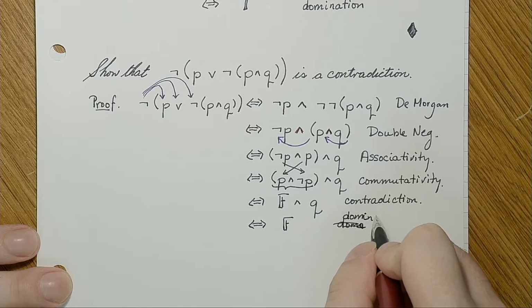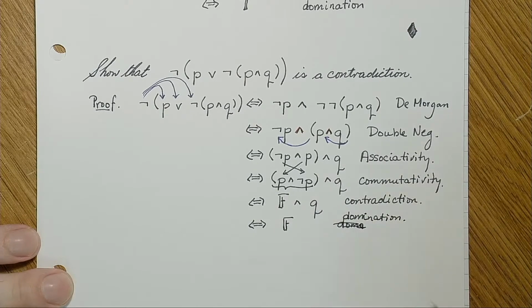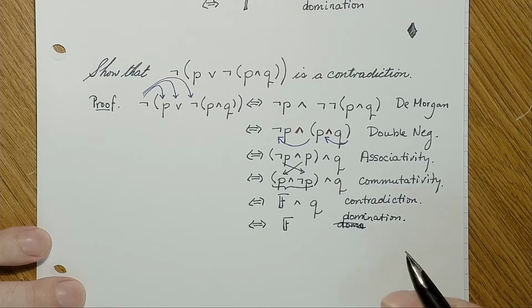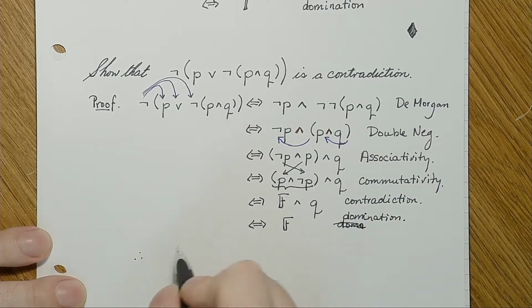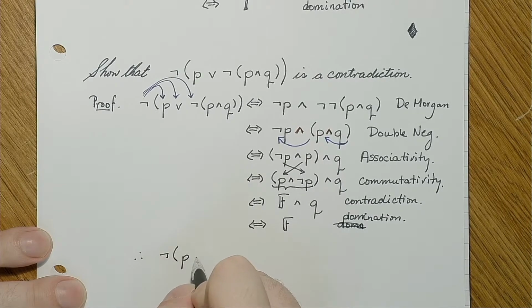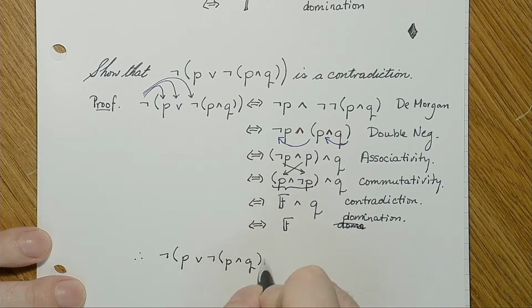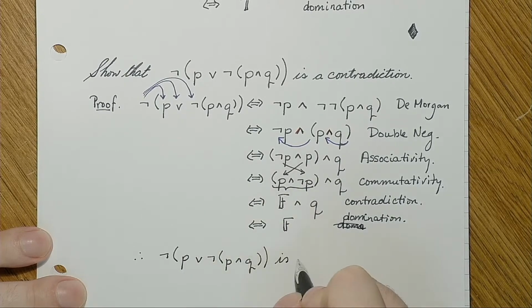Domination. There we go. So it is a contradiction. Therefore, just as what we've shown, P or not P and Q is a contradiction.